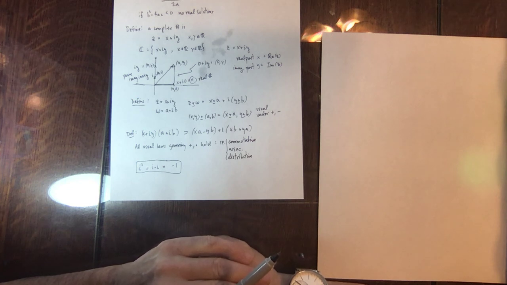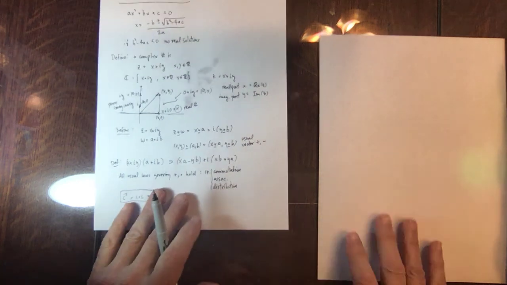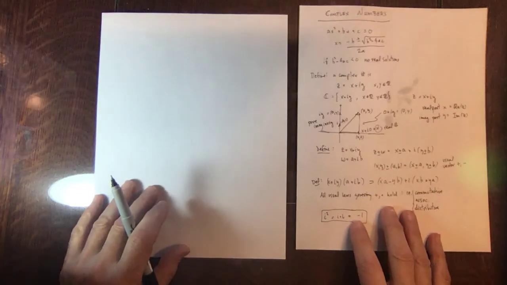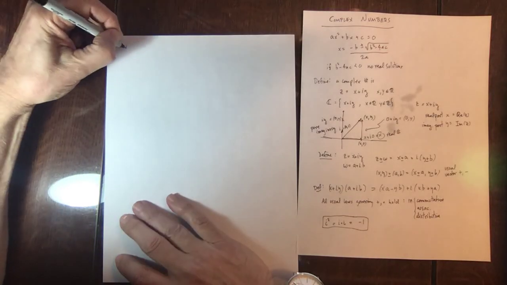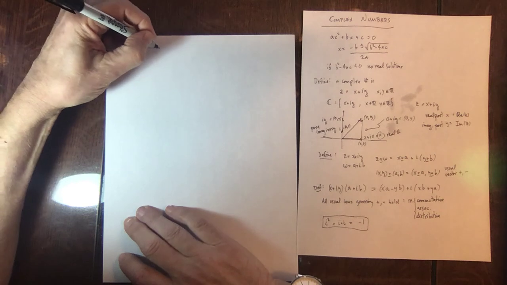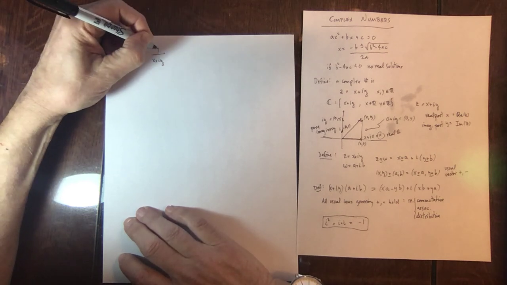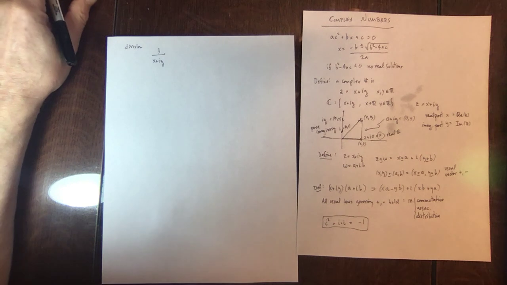All right, well, what about division? I guess if we're going to add, subtract, multiply, we want to be able to divide also. So for division, I want to know what is 1 over x plus iy. What should that be? If I'm going to be able to divide, I should be able to take the reciprocal of something.